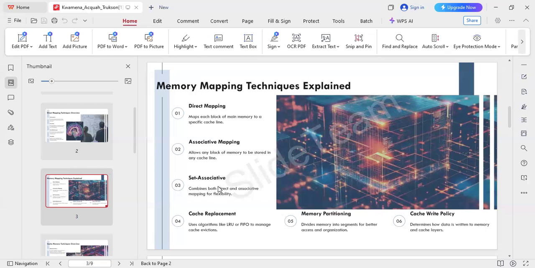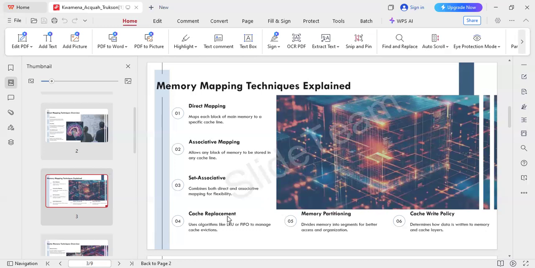And number three, we have set associative. With set associative, it combines direct and associative mapping. And its usage, it balances. It is also simple and it is also flexible.